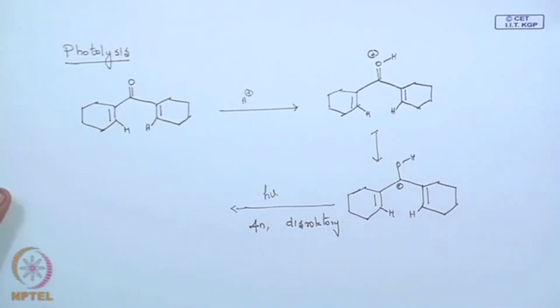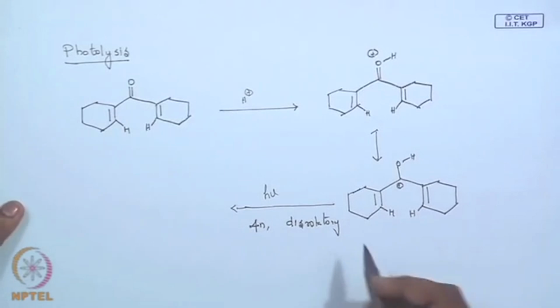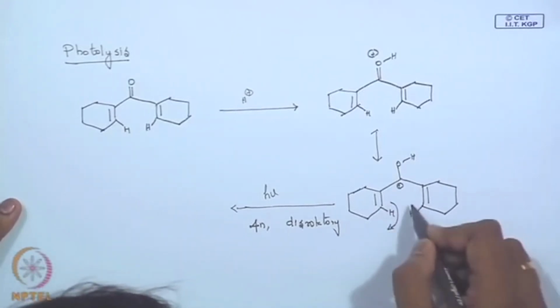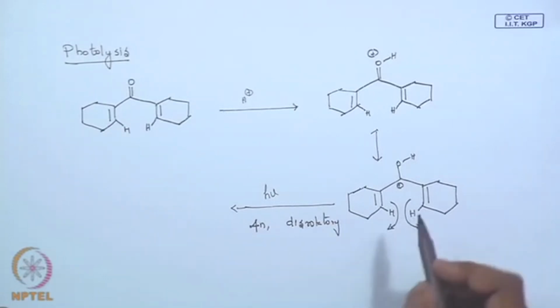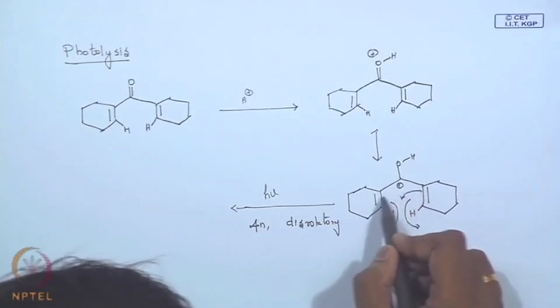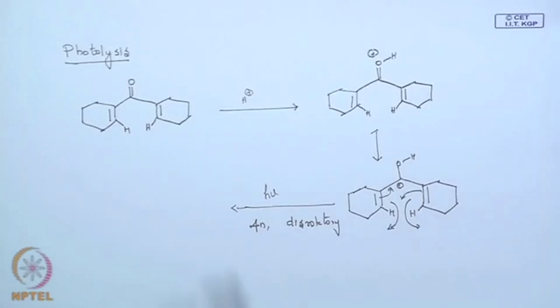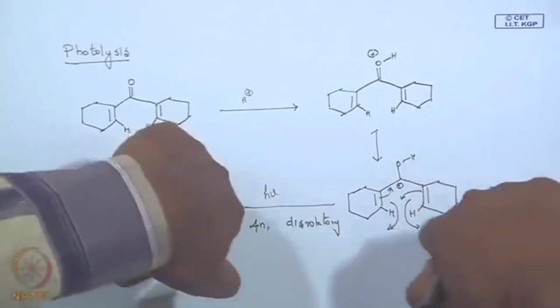We get disrotatory. So it should be in the opposite direction, one clockwise and another anticlockwise. Then you bring these arrows. So now both your hydrogens will be out, right?